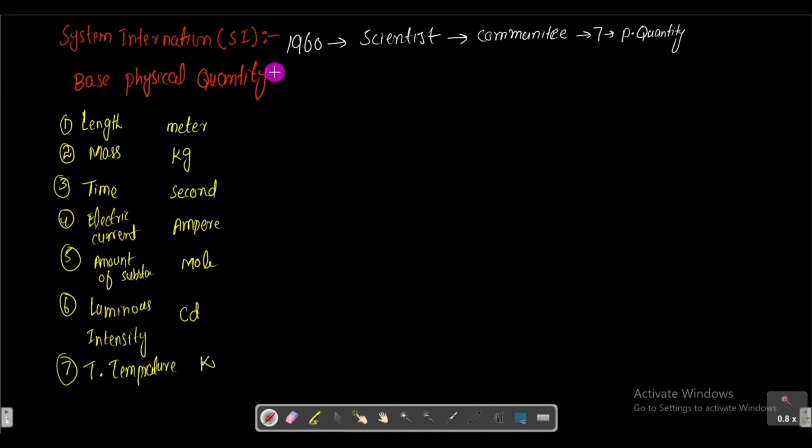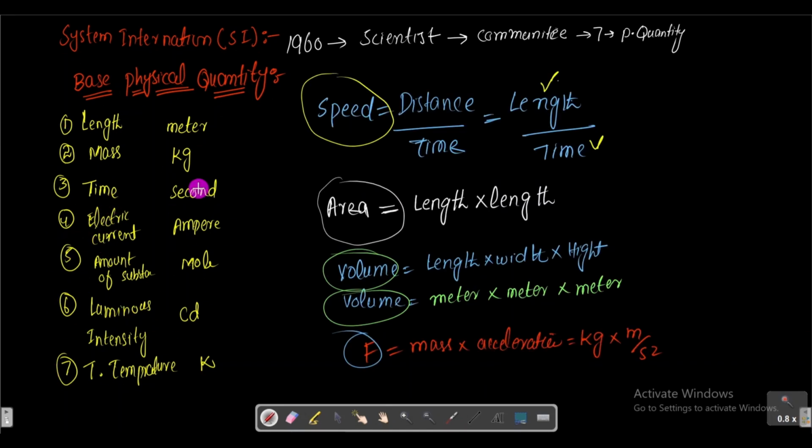Later in this video, we will discuss why they are called base physical quantities. These are the standard physical quantities, and all other physical quantities are derived from them.